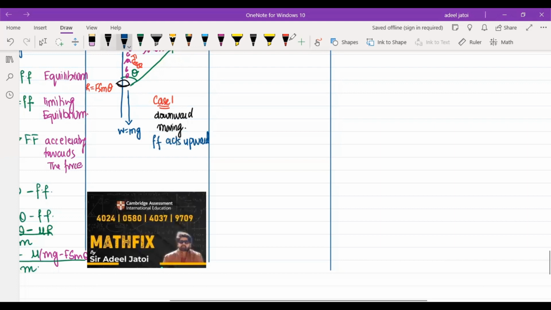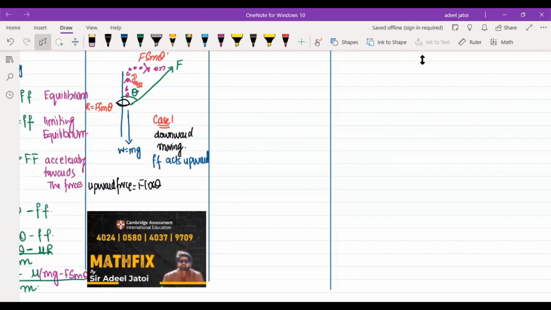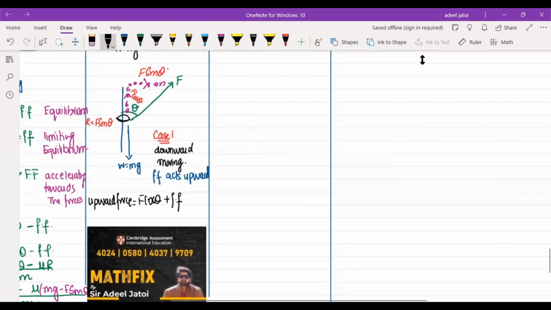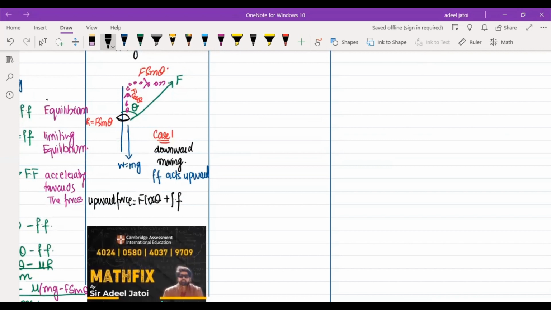So if I need to find out the upward force, it will be F cos theta, right? Plus the frictional force, because there are two forces, no? One is F cos theta, and obviously, if it is dropping, there would be another frictional force being applied as well.